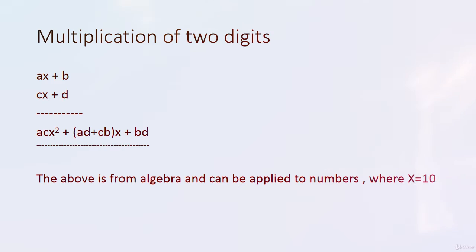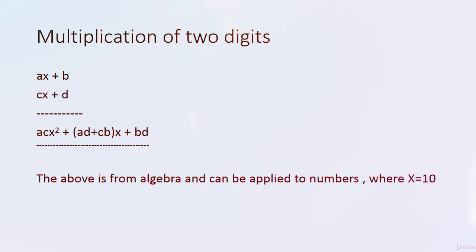So the name of this method is Triayak Sutra. Under the system, Vedic mathematics assumes that numbers are nothing but a special form of algebra. Suppose we have one number ax plus b and another number cx plus d.